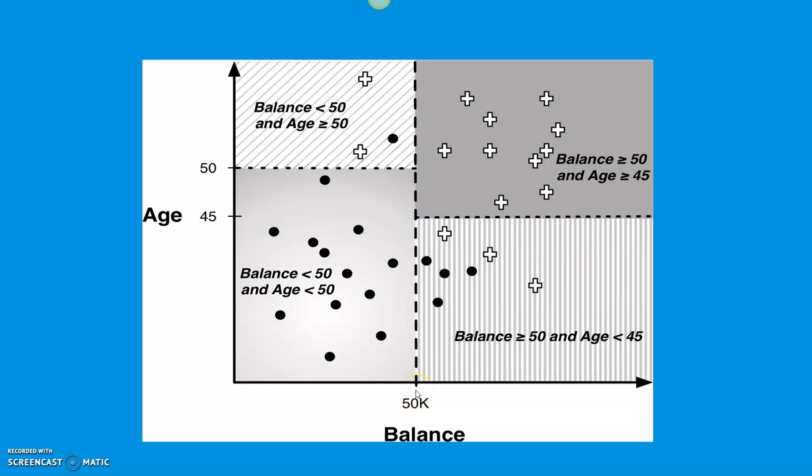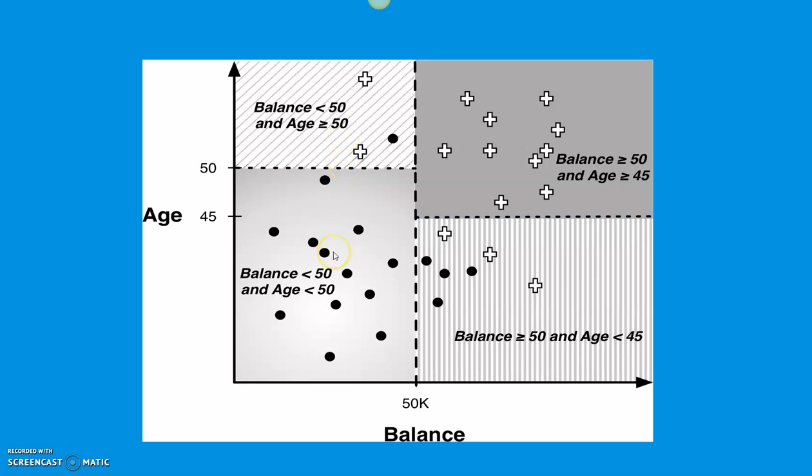We've said, does the customer have a balance less than 50,000 or more than 50,000? For the people that have balance less than 50,000, we draw another decision boundary at age equal to 50, and we consider whether the age of the customer is bigger than 50 or lower than 50.